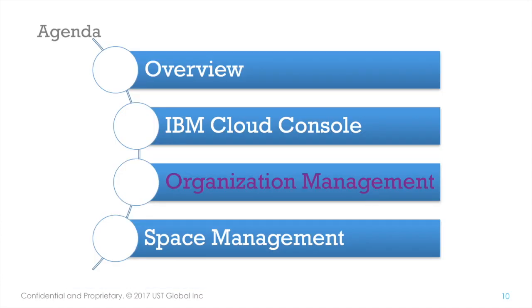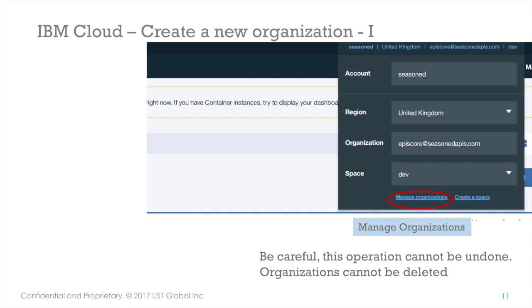How can we then manage all those organizations? What can we do? First, we can create new organizations by going to manage organizations. This is something that can't be undone.